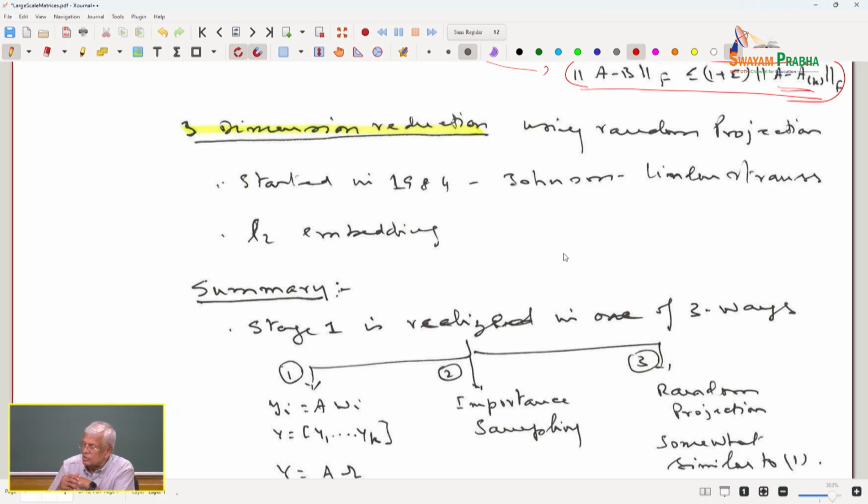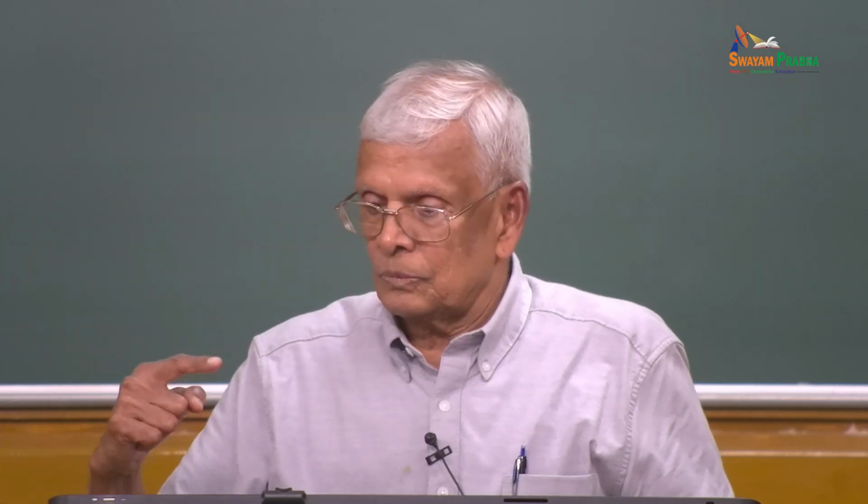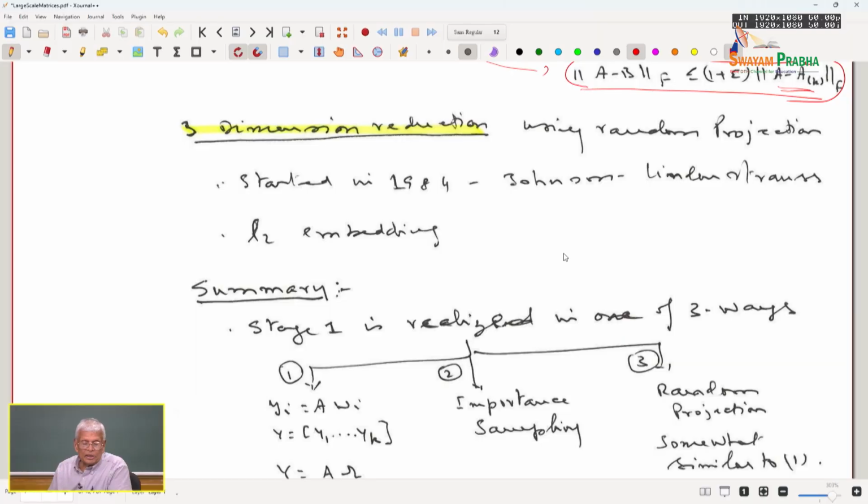One is the randomization, another is to reduce the size of the matrix and then do the classical approach on the reduced matrix. Sometimes we are interested in reducing the dimension, sometimes we are interested in reducing the rank.